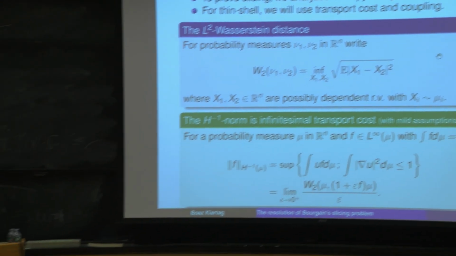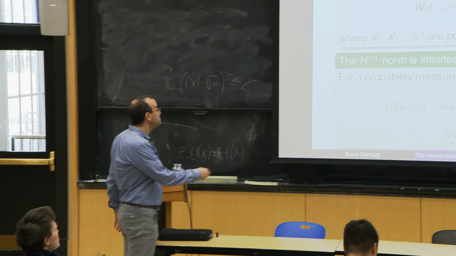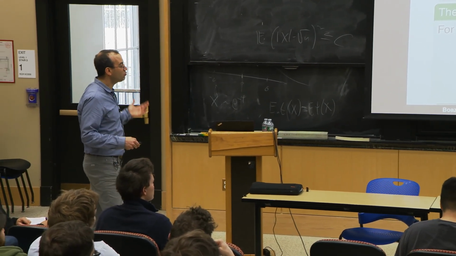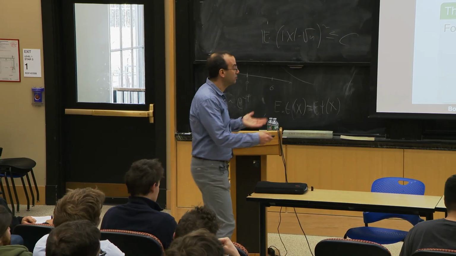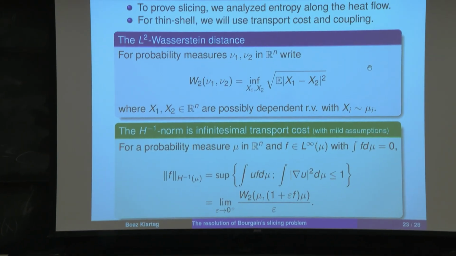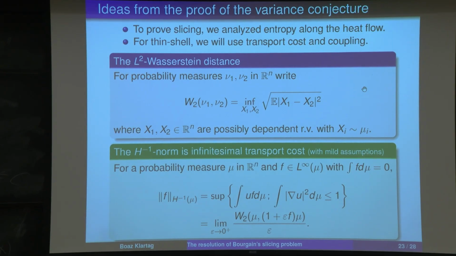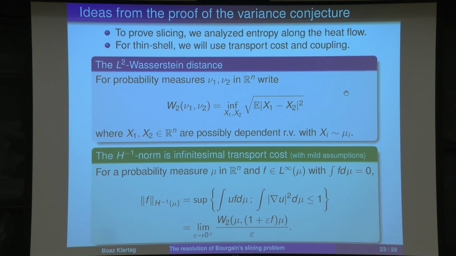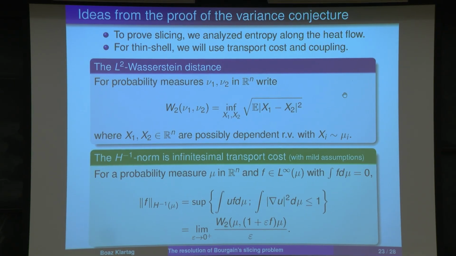And this has a very nice interpretation. So this is actually the H minus 1 norm of the function f. It's the dual norm to the H1 norm, to the integral of gradient f squared. Okay, so this fact was known to Otto, and before that, it's pretty much in the first paper of Brenier on optimal transport. So we have a nice interpretation of the transport cost as the H minus 1 norm of the function f, the inverse Sobolev norm.